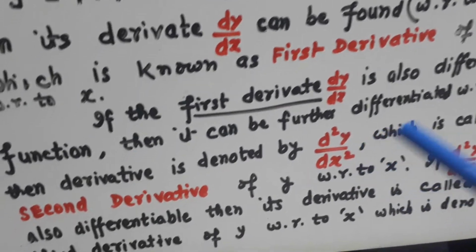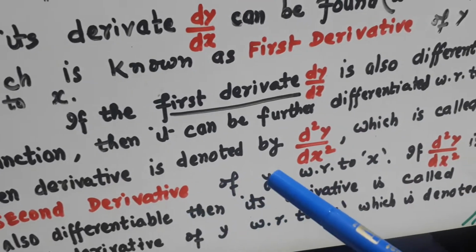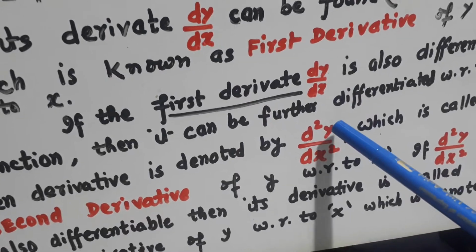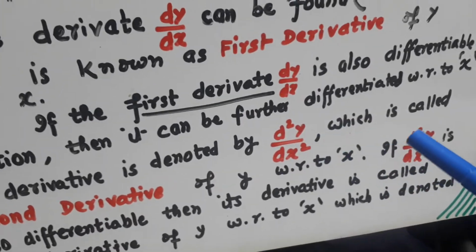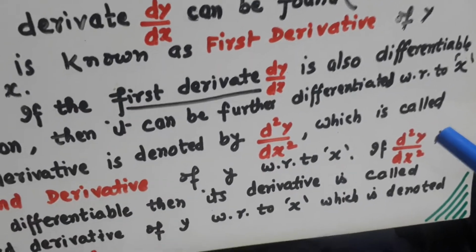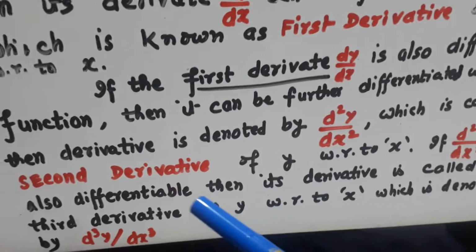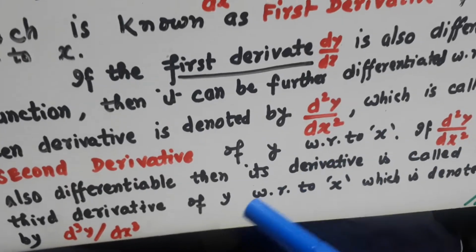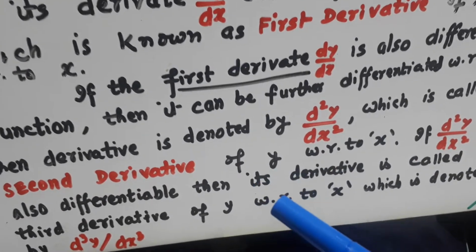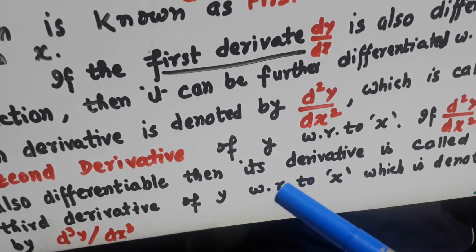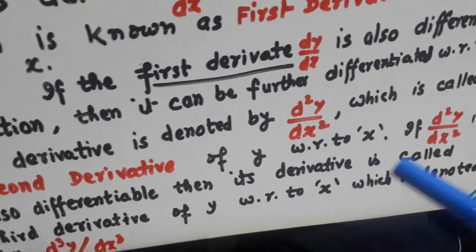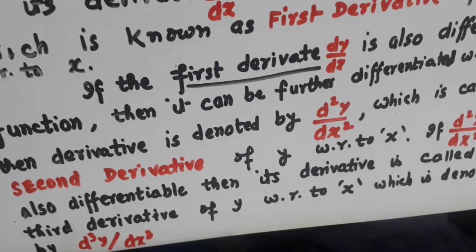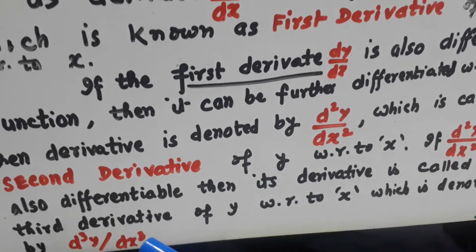That is the second derivative of y with respect to x. And if the second derivative is also differentiable, then its derivative will be called the third derivative of y with respect to x, which is denoted with d3y over dx3.